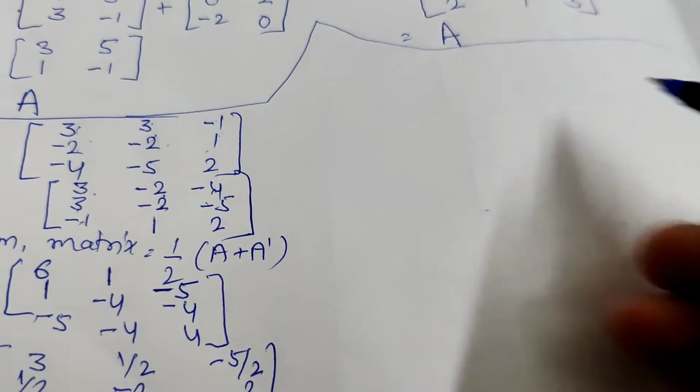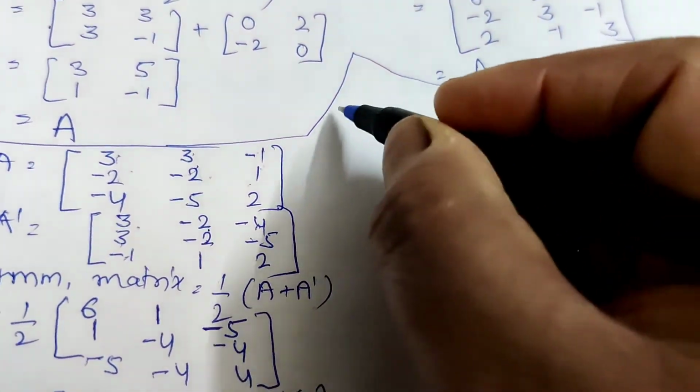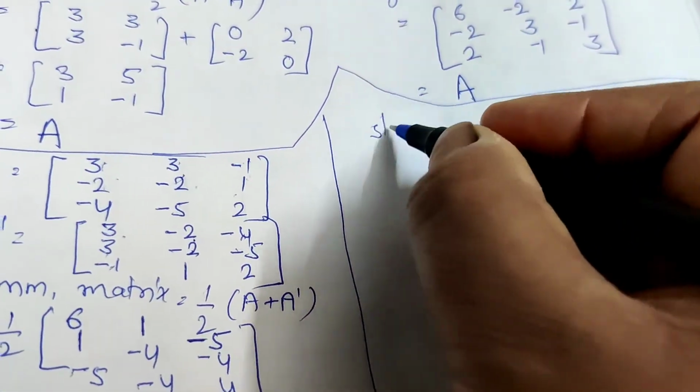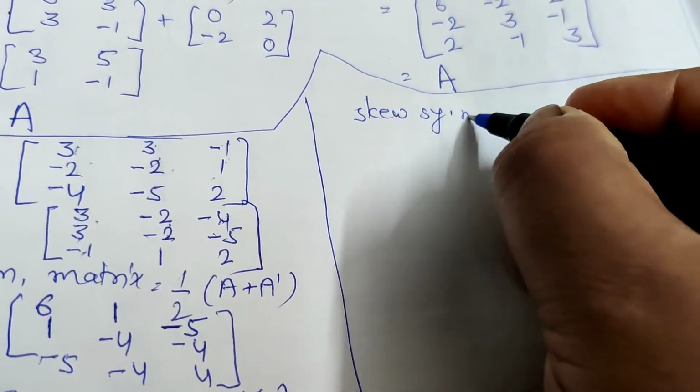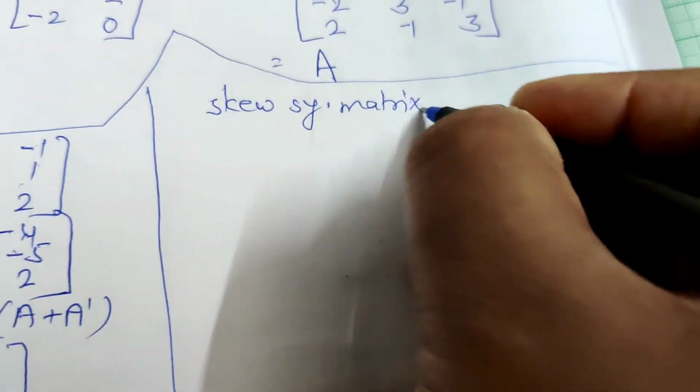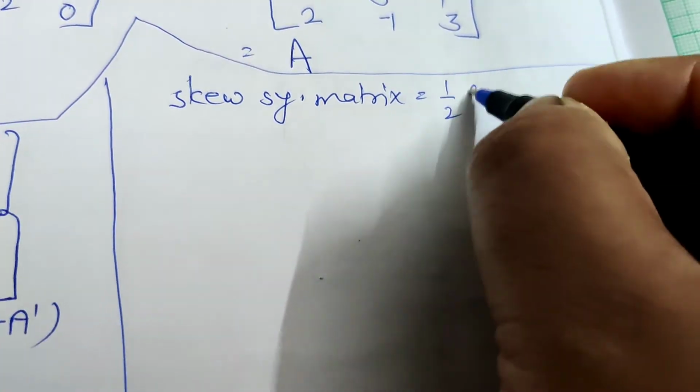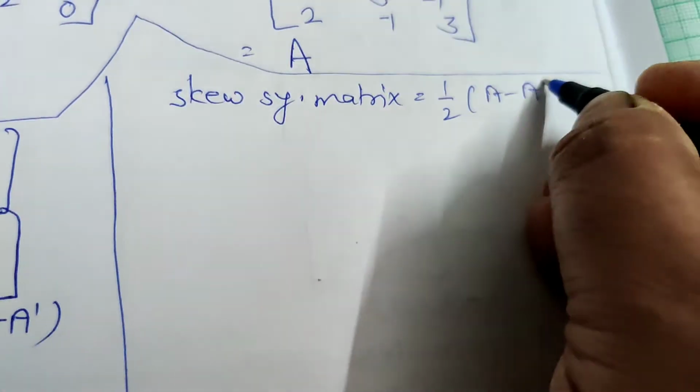Now the subtraction for the skew symmetric. For skew symmetric, it is 1/2 of A minus A dash.